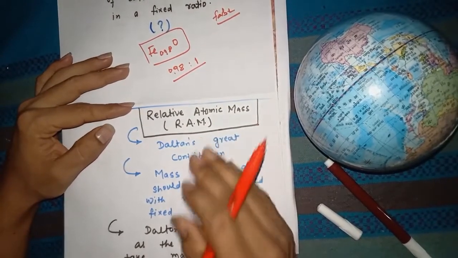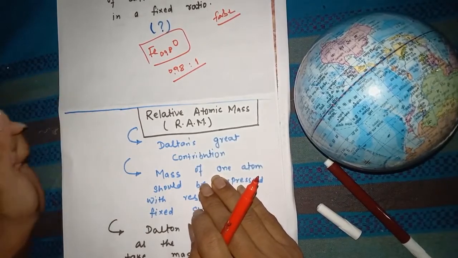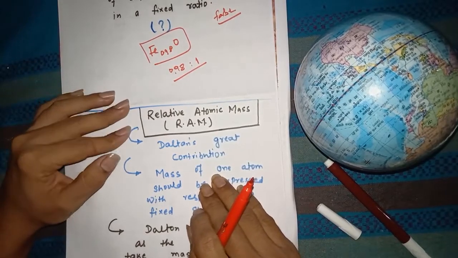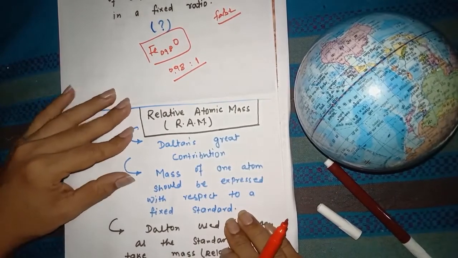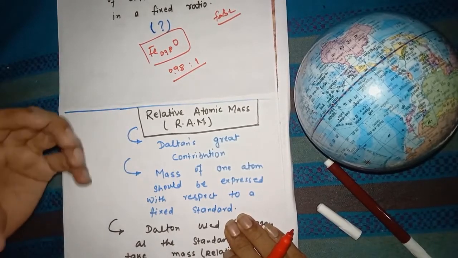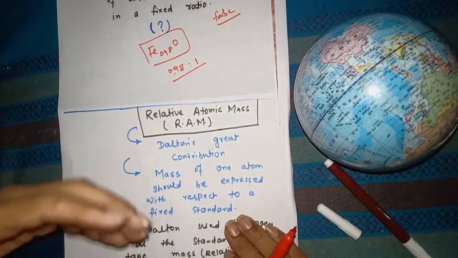Now I am discussing relative atomic mass, RAM. It was first proposed by John Dalton, which is a great contribution of his. He proposed that the mass of one atom should be expressed with respect to a fixed standard.